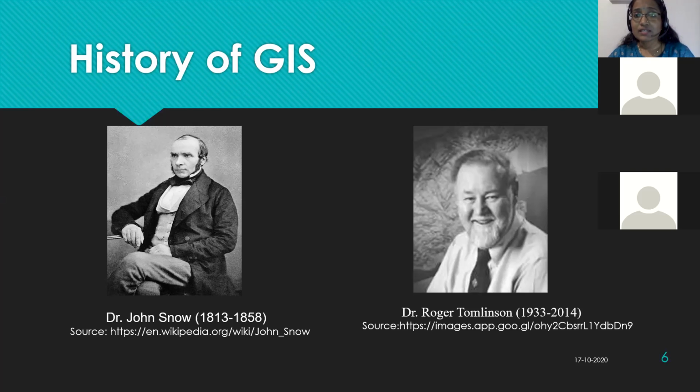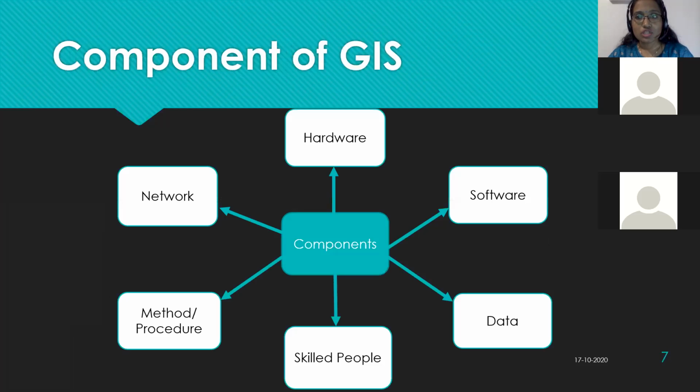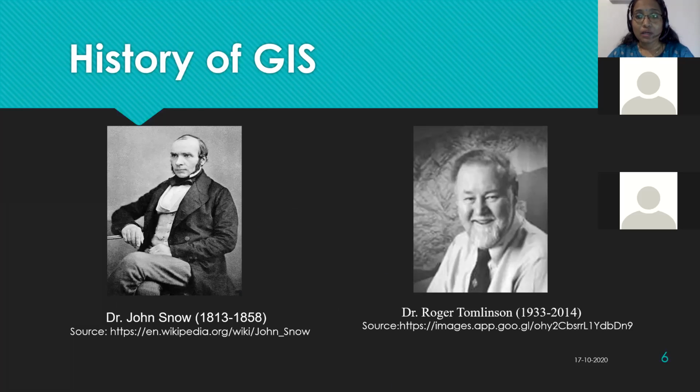He is the primary inventor of the computerized geographic information system. Also, the cost for the land use planning of the Canadian land inventory was reduced from 18 billion Canadian dollars to 2 billion Canadian dollars. And John Snow was also working on spatial analysis in the 1960s.